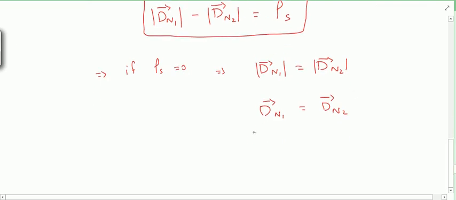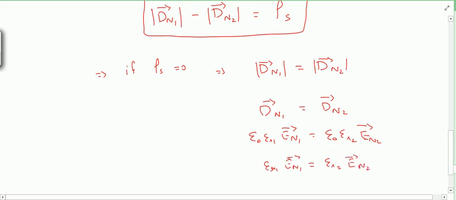Similarly, we can say epsilon naught epsilon r1 En1 equals epsilon naught epsilon r2 En2. By using the relation between D and E, we get epsilon r1 En1 equals epsilon r2 En2. We can use this relation to find the electric field of the other medium if the electric field of one medium is given.